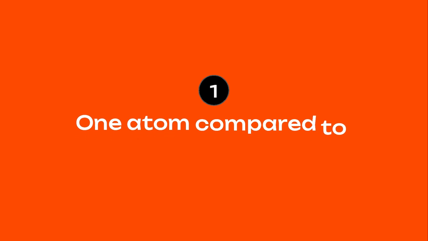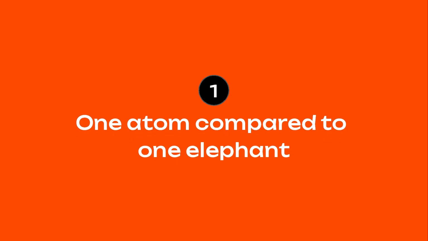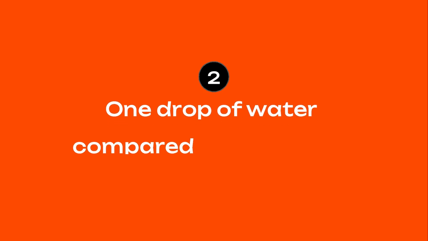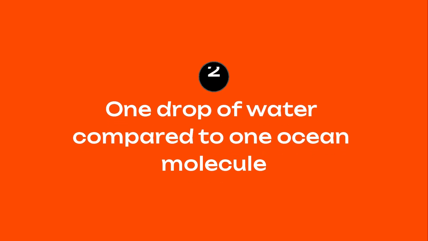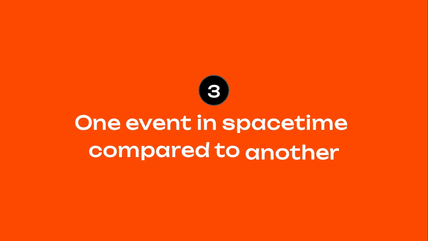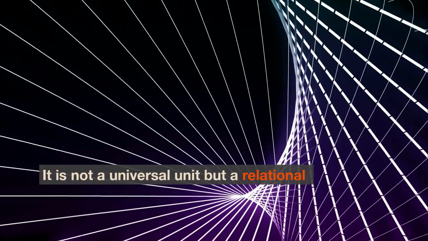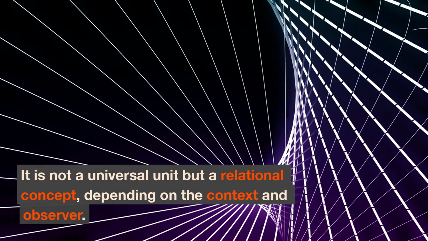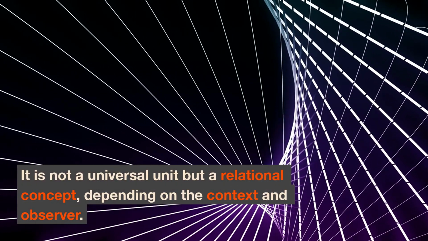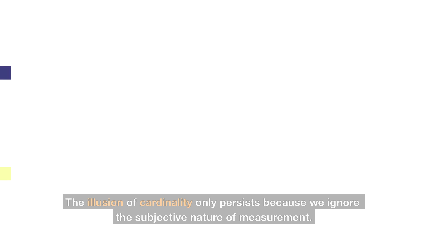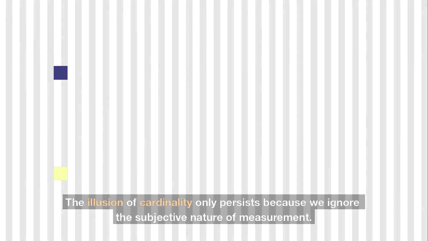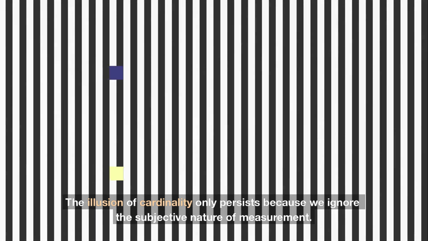Consider: is 1 atom equal to 1 elephant? Is 1 drop of water equal to 1 ocean molecule? Is 1 event in spacetime equivalent to another? Clearly, 1 has no absolute value. It is not a universal unit but a relational concept, depending on the context and observer. The illusion of cardinality only persists because we ignore the subjective nature of measurement.